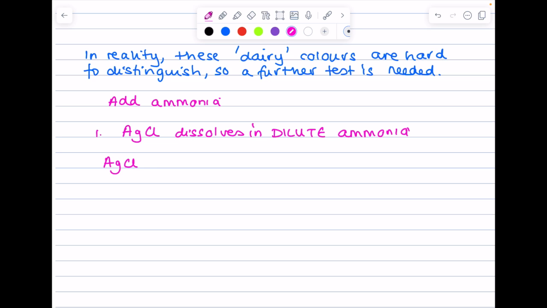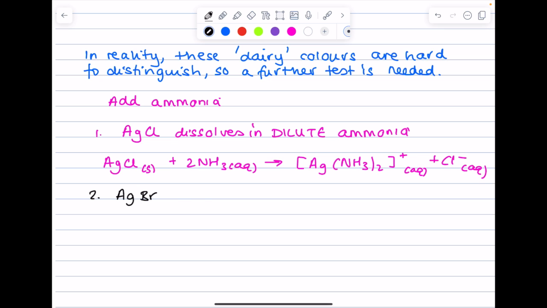Here's our precipitate. Here's our dilute ammonia. With silver bromide, you find that it dissolves in concentrated ammonia. And they will expect this level of detail from you.